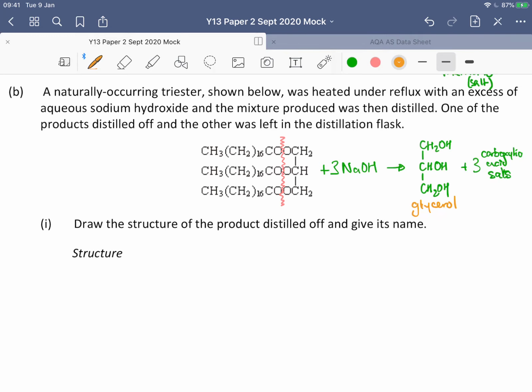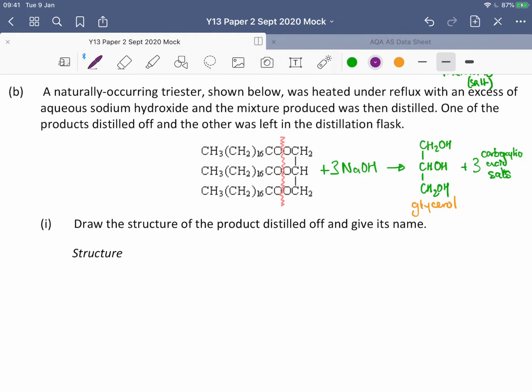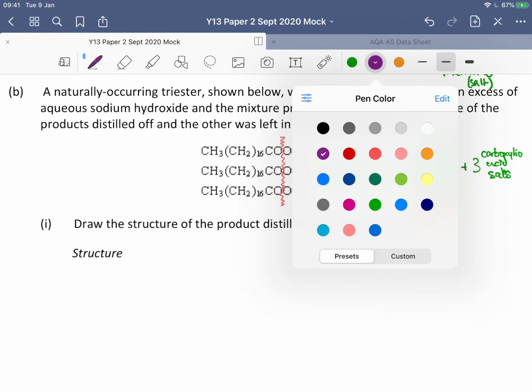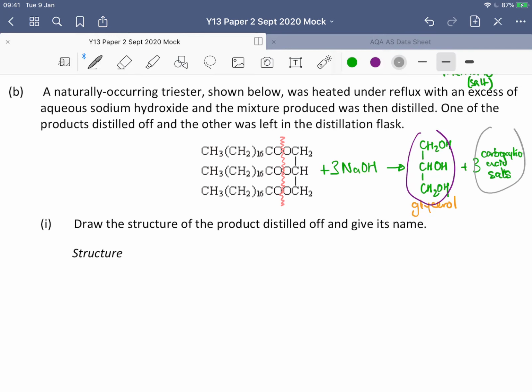Okay. Now, we have 2 products, right? We have this product, and you might think, why am I bothering, but we have this product. We have 2 products, and it says, draw the structure of the product distilled off. Now, when you look at those carboxylic acid salts, they are coming from this.